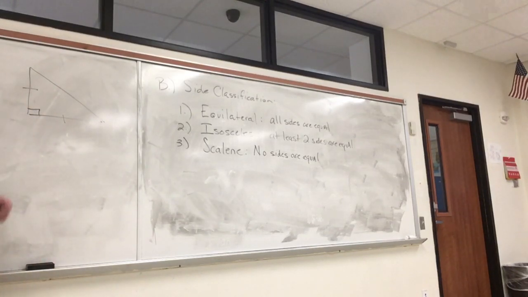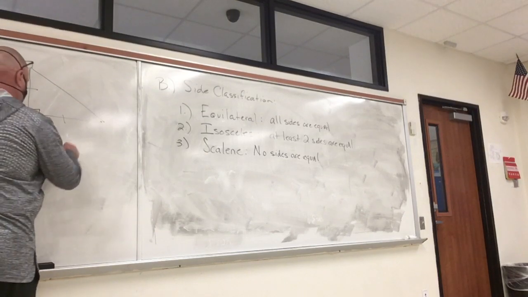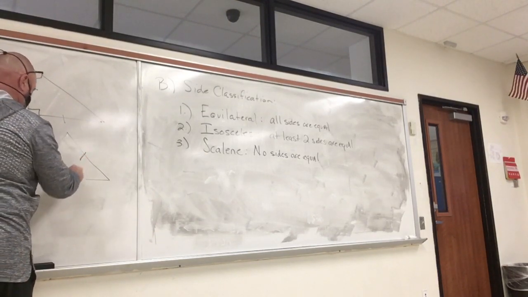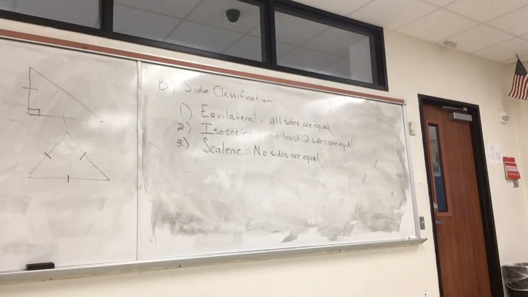Now here's the fun one. Y'all ready? Here we go. What type of triangle is that by its sides and angles? I'll repeat that. What type of triangle is that by its sides and angles? It's acute, yes. It's equiangular.